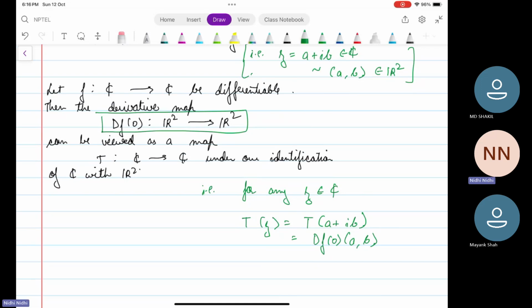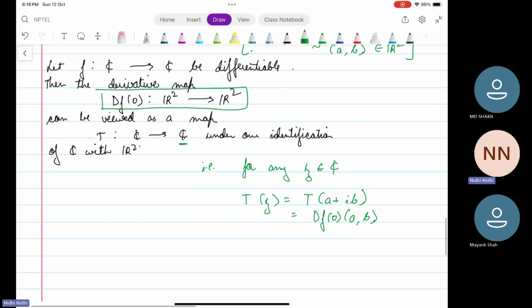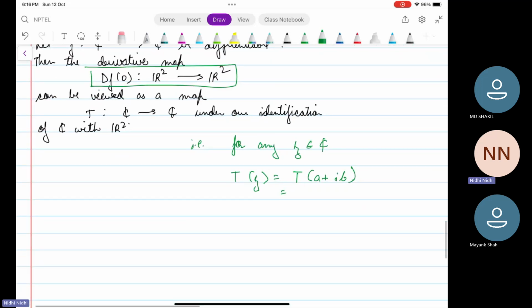Sorry, we can see that the codomain of T is C, so this will eventually be a complex number. So this is df0 at a, b. Now this df0(a,b) is an element in R2, so it has two components.